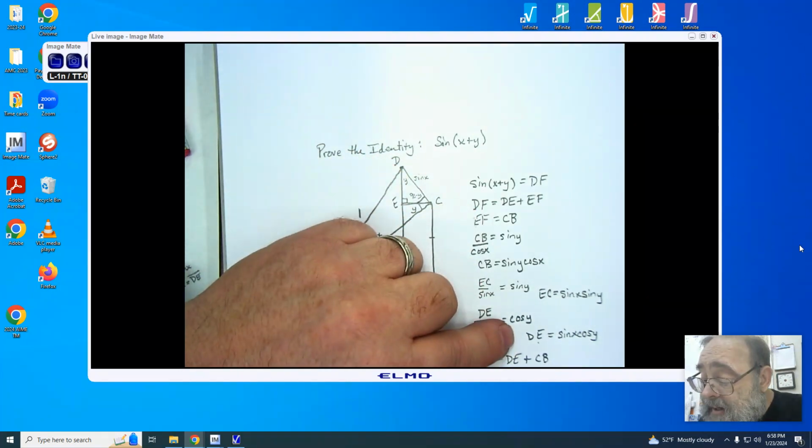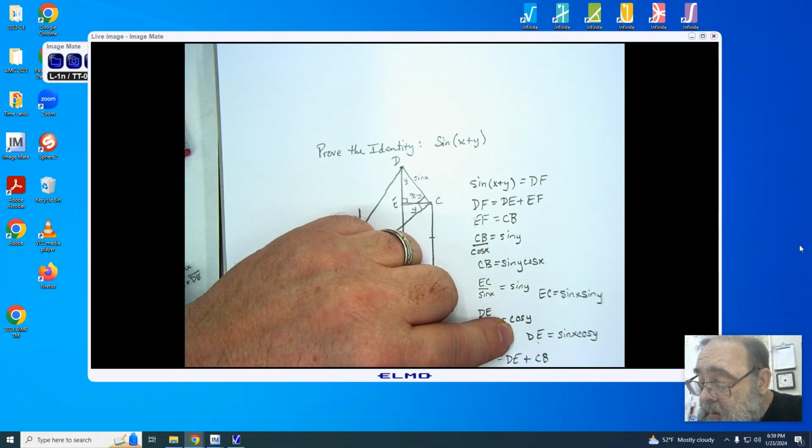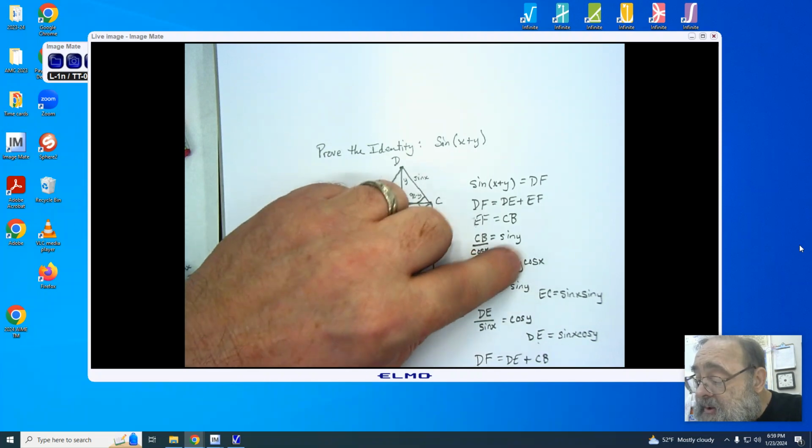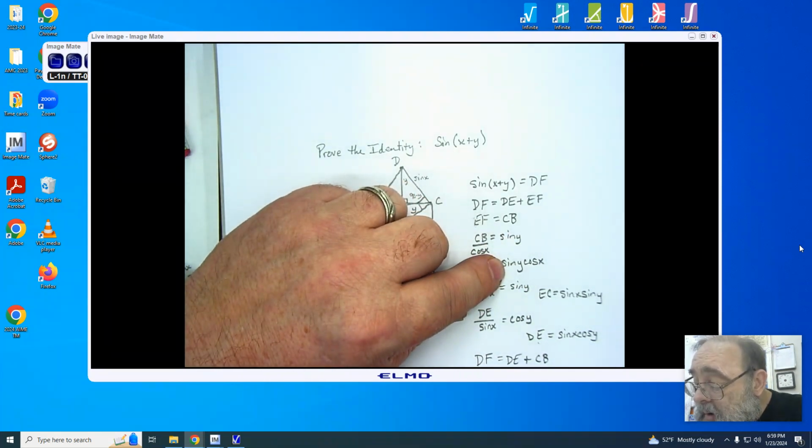But I know that DE is the sine of x cosine of y, so I'm going to put that in, and then I'm going to arrange it so it's got the same order. Therefore, I have the cosine of x, sine of y.